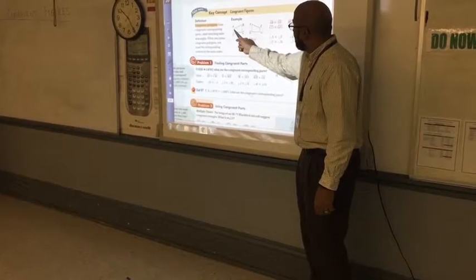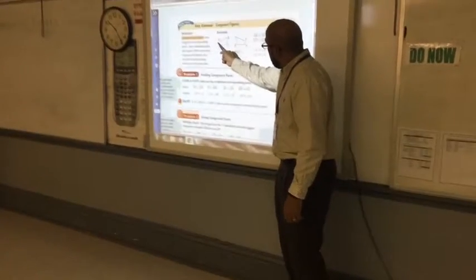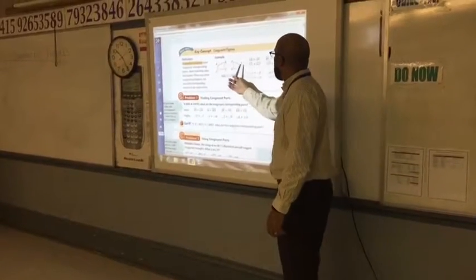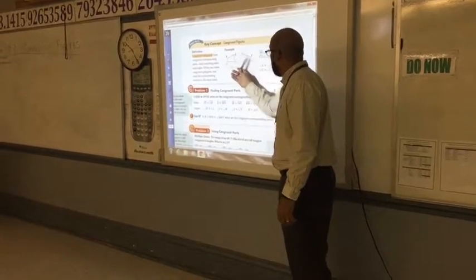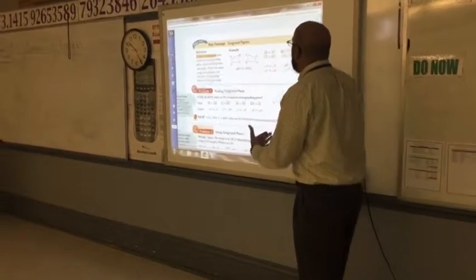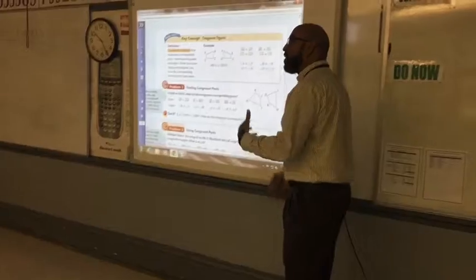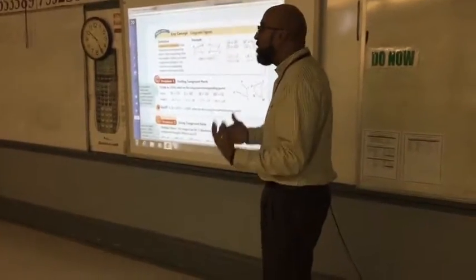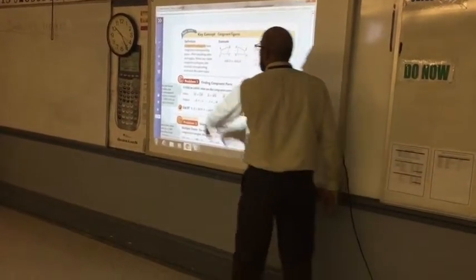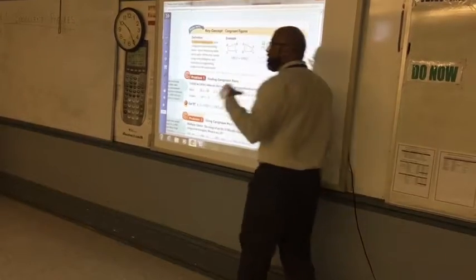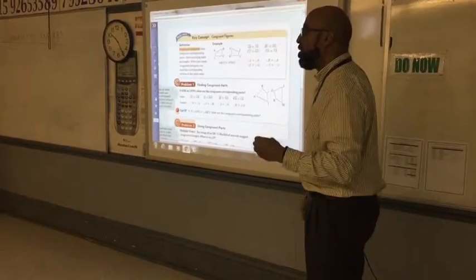We see that we have segment AB going from left to right, and we have segment EF going from right to left. So what that means is that we're naming them in corresponding order, and that's very important when we're talking about congruent polygons. We have to name them in corresponding order.